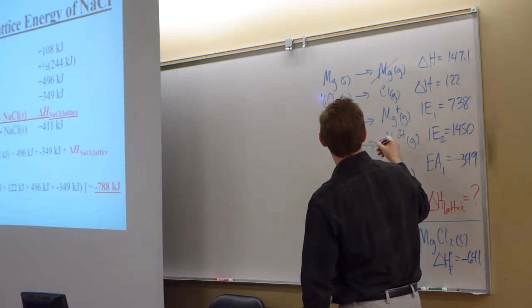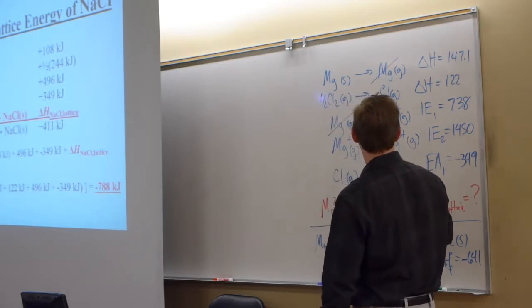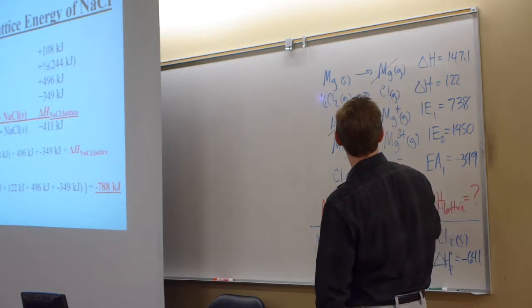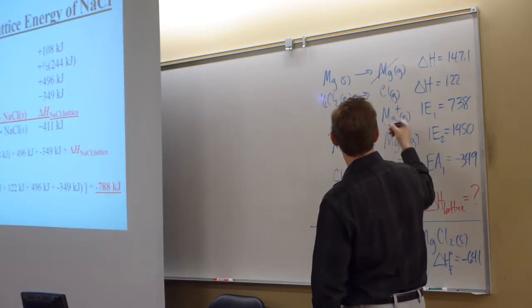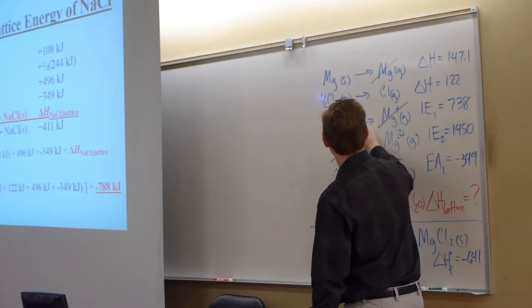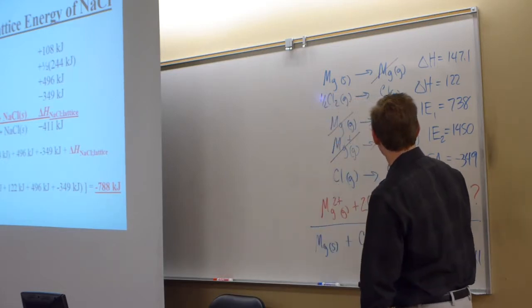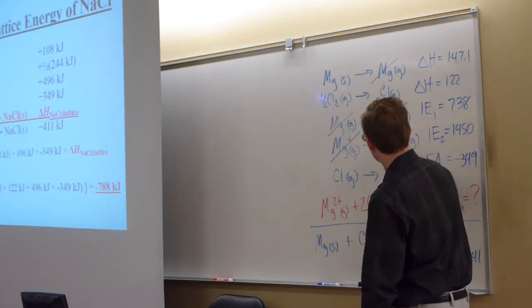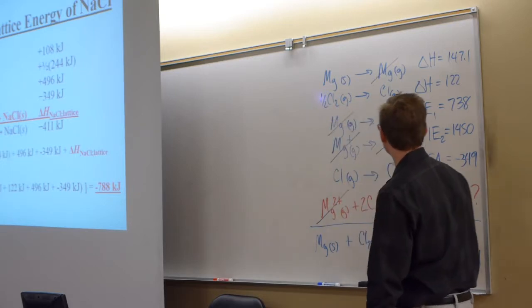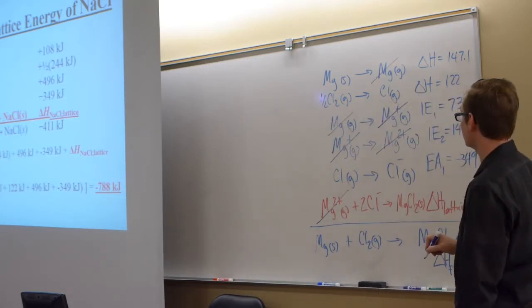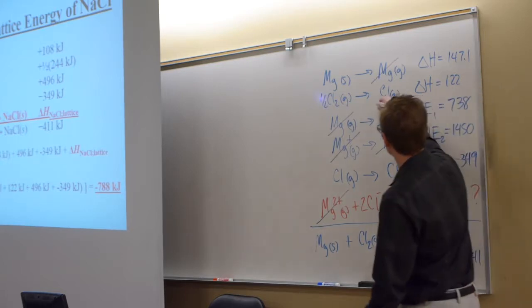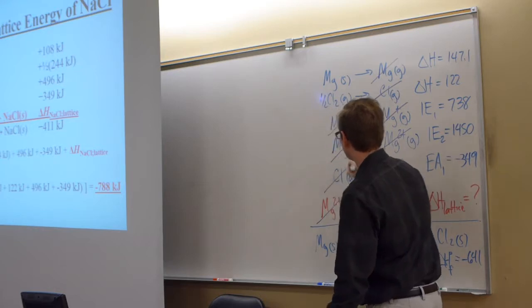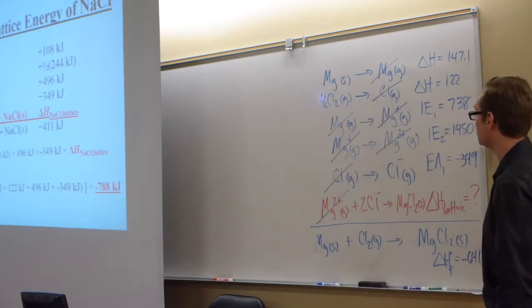Let's see, what else cancels? Does chlorine gas cancel? Yeah, magnesium +1 cancels. The magnesium 2+ cancels as well. Now, what about the chlorine? Yeah, the Cl atom gas cancels.